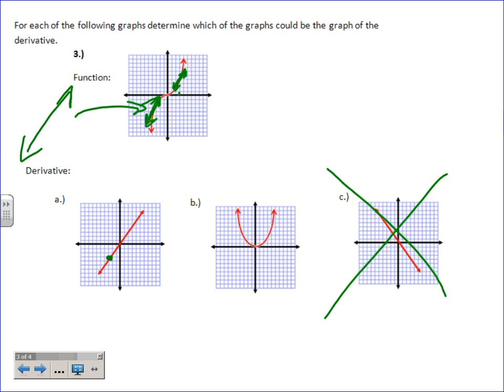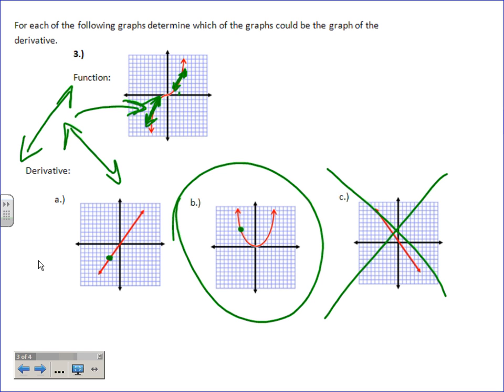Is this a positive or negative slope? Which one matches up with that one? There you go. All right. So at negative 3, this gave me a negative y value, which meant that slope needed to be negative. Is it? Over here, negative 3 comma something gives me a positive y value. Is it a positive slope there? Yes, it is.